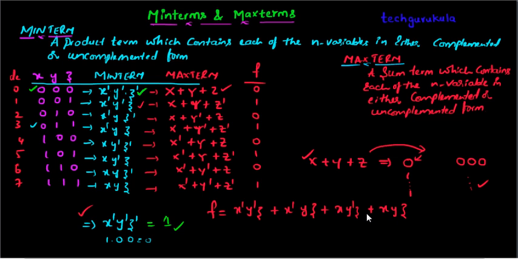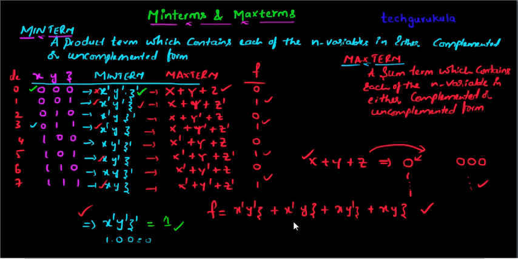This is written in terms of minterms, and this is also known as canonical sum of products. The function is supposed to be 1 for these particular terms, so those are the terms we have picked here.